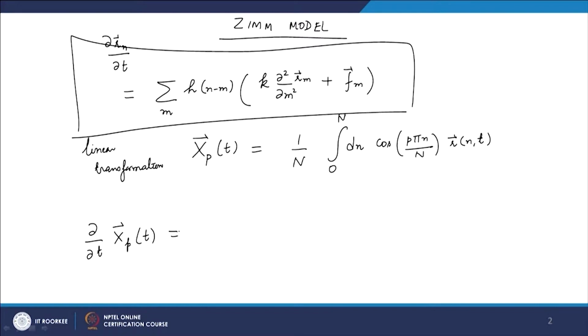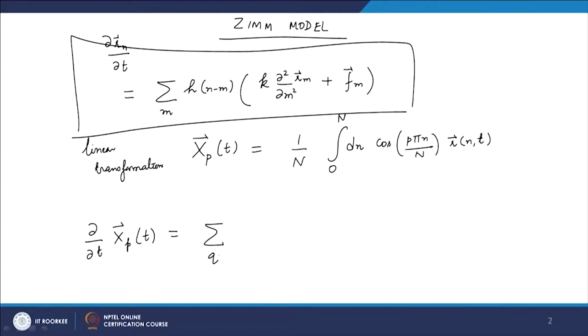We can call them the Zimm modes now if you prefer, and this is a sum over q of something H_pq. In fact, what we had is very similar to what we had in the Rouse case, except that now we have a summation appearing on the right hand side.